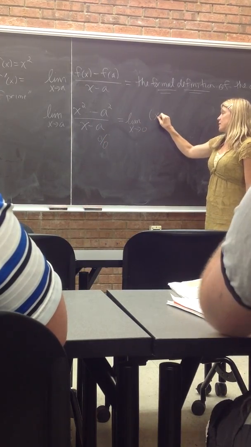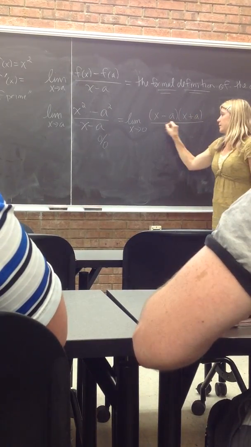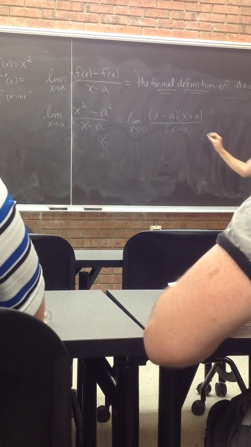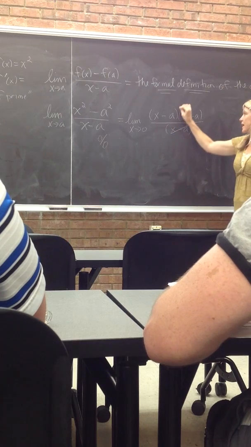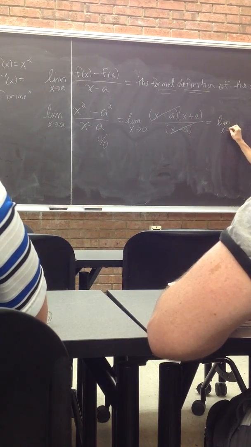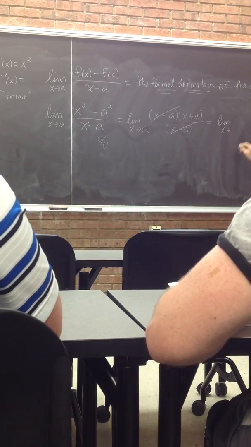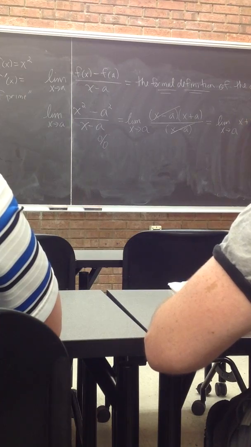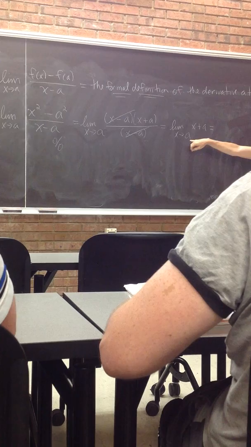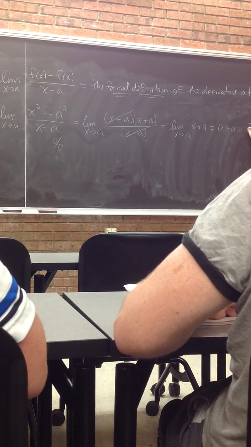And in this case, I'm going to factor the numerator, and I'm going to factor the denominator. Well, the denominator is already factored. And notice this will cancel that, and I end up with the limit as x goes to a of x plus a. And now I can evaluate this. I can go ahead and plug the a in. So I get a plus a, which is 2a.